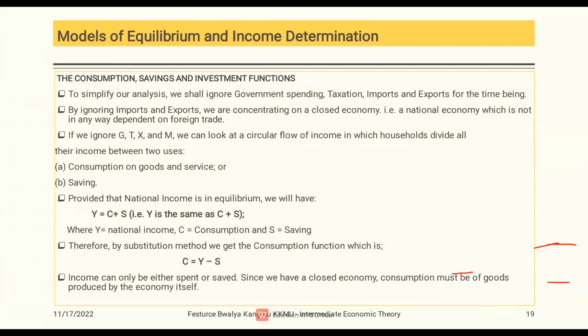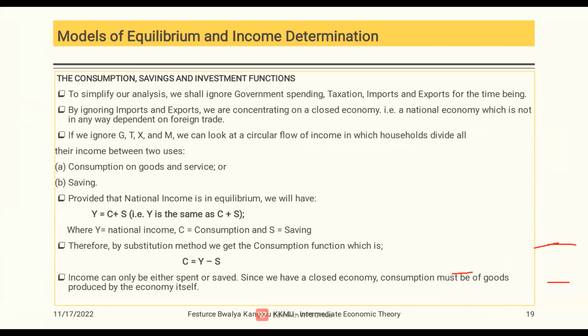So now, let's first consider the consumption, savings, and investment function before we move to the page that I wanted to move to. To simplify the analysis, we ignore government spending, we ignore taxation, we ignore imports, and we ignore exports for the time being, okay?